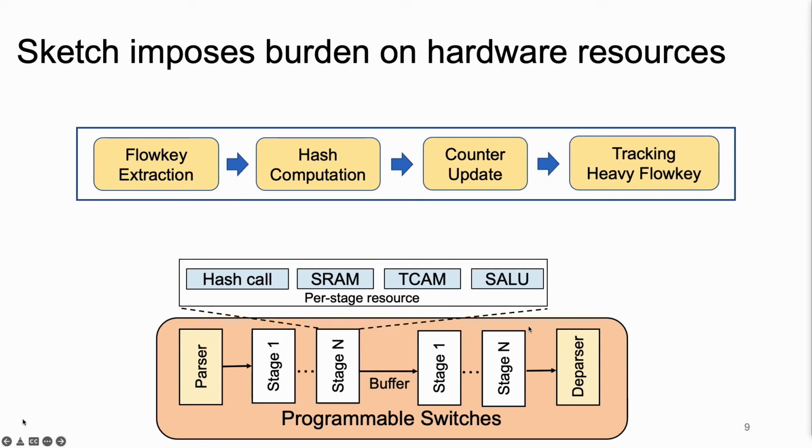For memory space, we have a few megabytes of SRAM and TCAM. And there is also hardware called SALU, or stateful ALU. It is in charge of read and write operations to SRAM. So basically, it handles memory accesses. Hash computations in sketches require hash call allocations, and counter updates in sketches require SALU allocations.